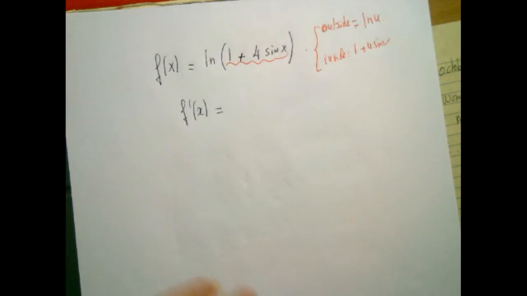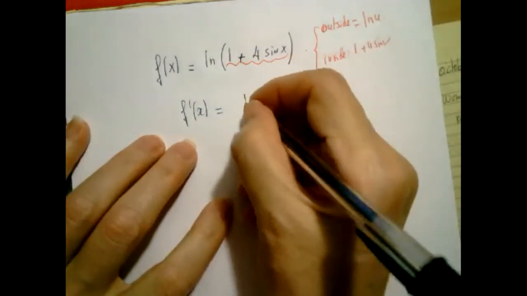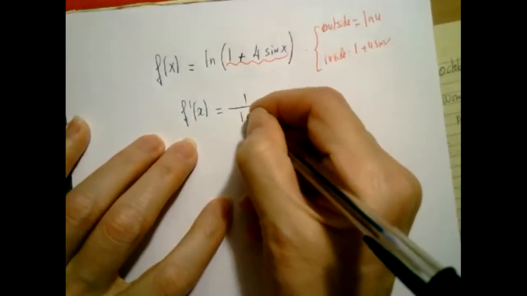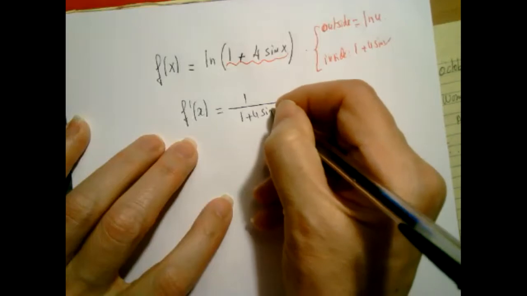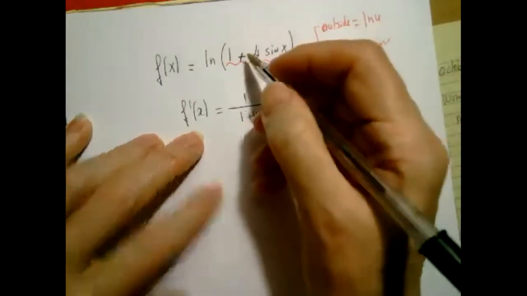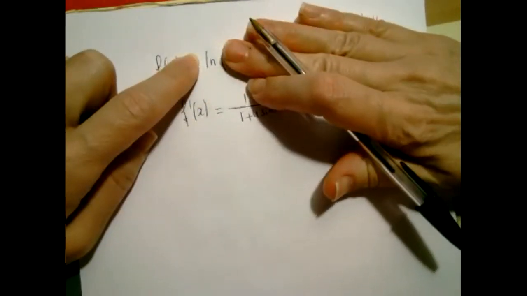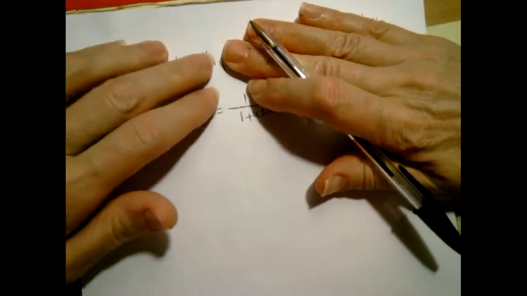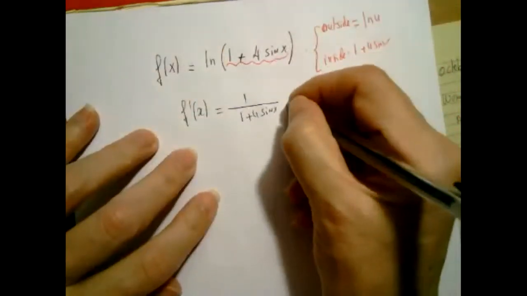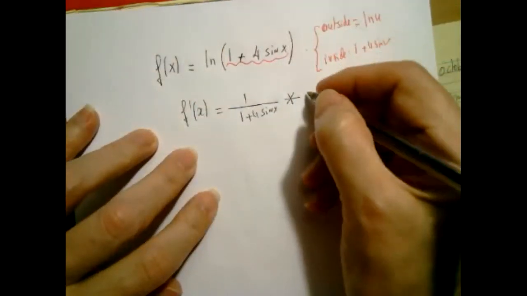The derivative of my outside, which is 1 over u, but we evaluate it at the inside. So that's the derivative of the outside, which is the ln function, which is 1 over the inside. You times it by the derivative of the inside.